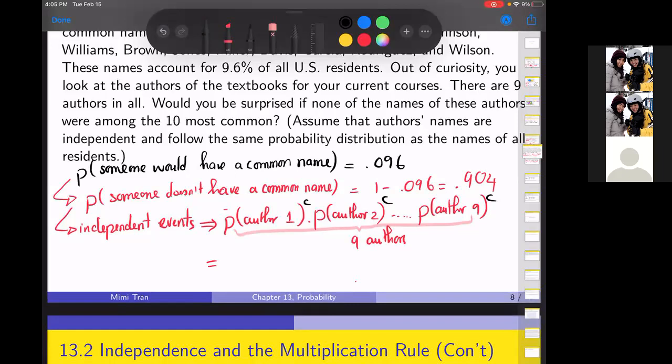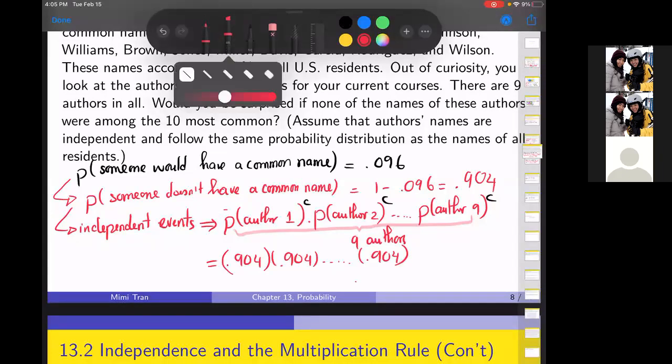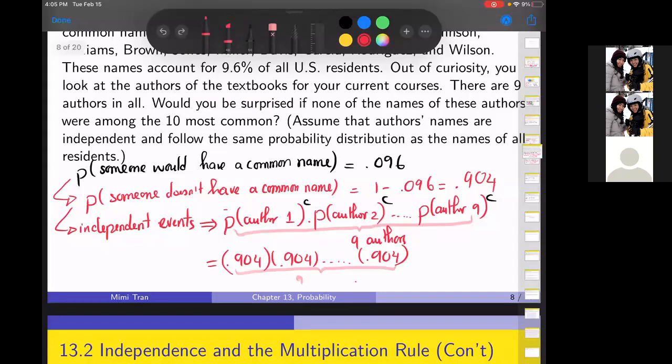Okay, so what is the probability of someone not having a common name? 0.904 times 0.904, all the way, 9 times. That's the same thing as 0.904 to the 9th power.